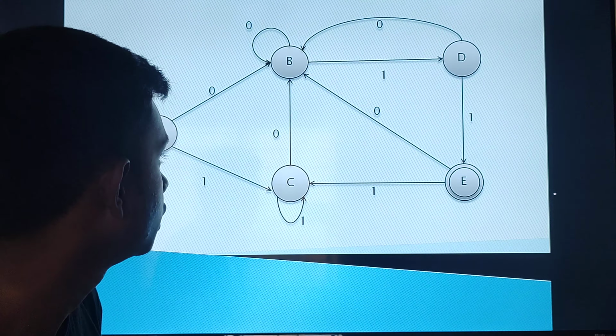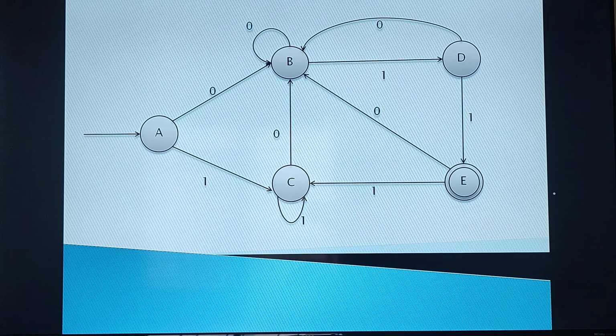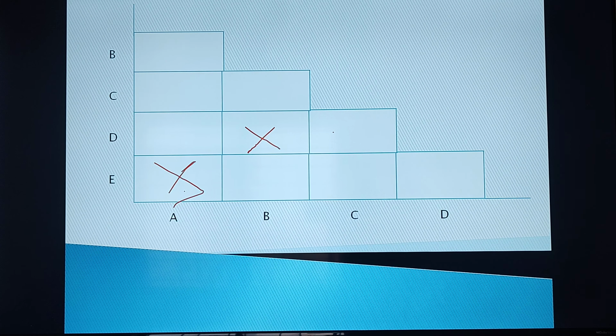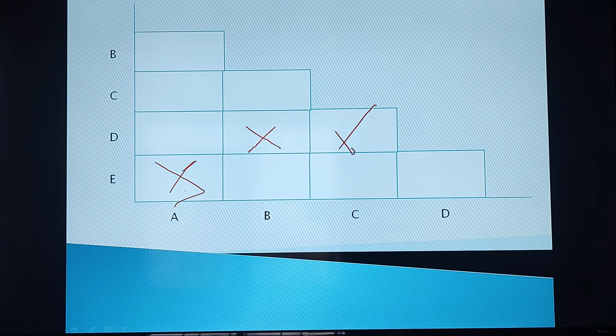So we have to mark it on the transition table. C comma D, this one.